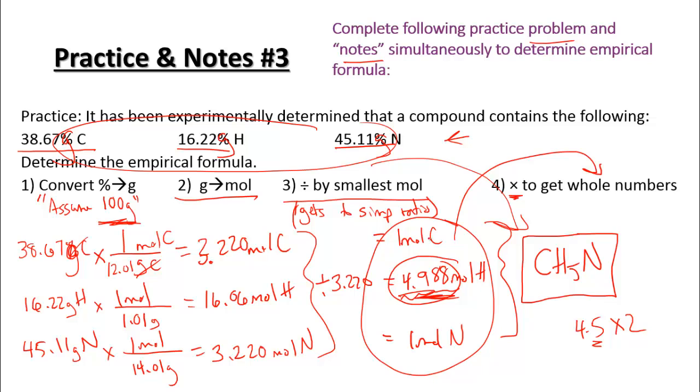And the other option you might run into is if it came out to something like a third or 2/3. So if you had something like 2.34 or maybe 5.65, both of those are very close to being thirds, and the way you get thirds to become whole numbers is you multiply them by 3. And you'll see that in the next video for that. Alright, so that was a little video on trying to find the empirical formula from percent composition.